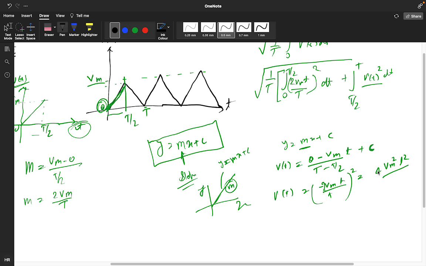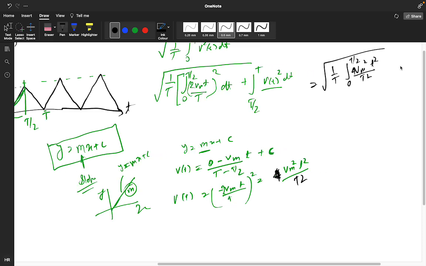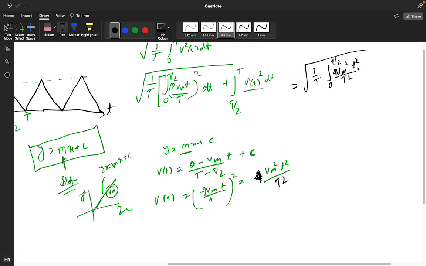So if you square this you will get the same result: root under 1 by T, 0 to T by 2, Vm square t square 4 upon T square. The same thing is coming. That's why we are just multiplying it by 2, because the same result is coming.